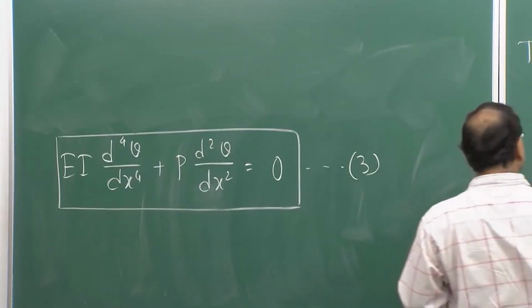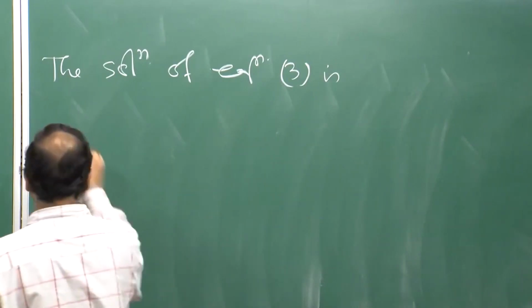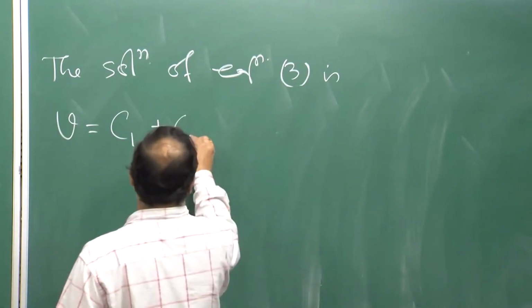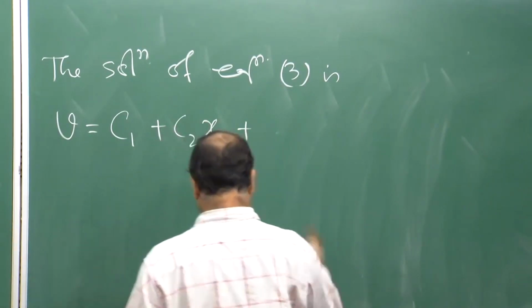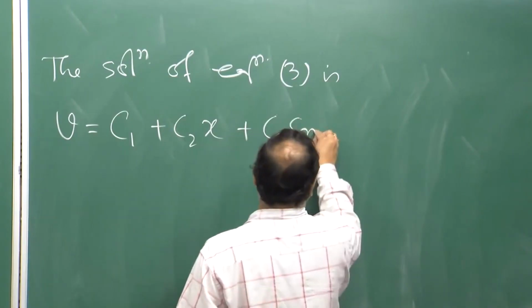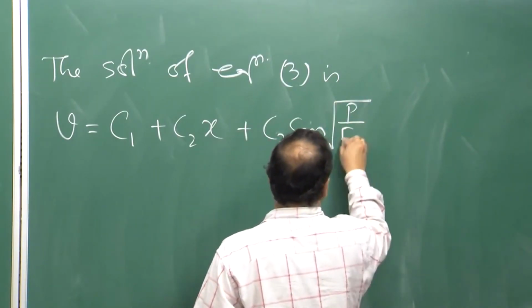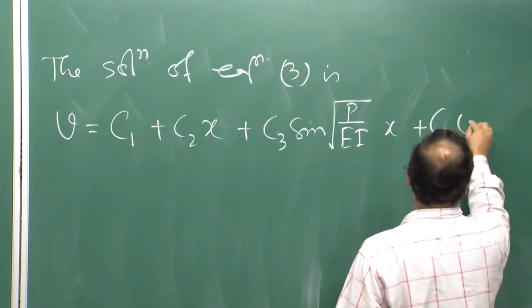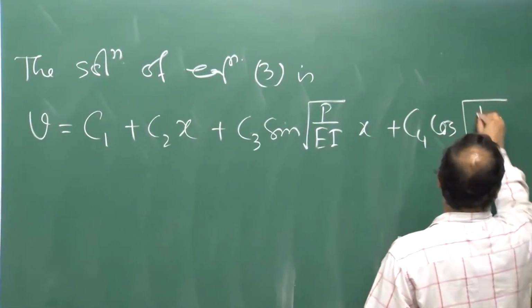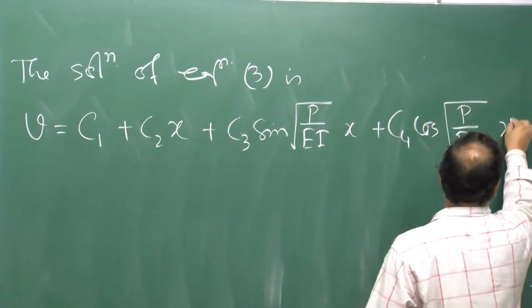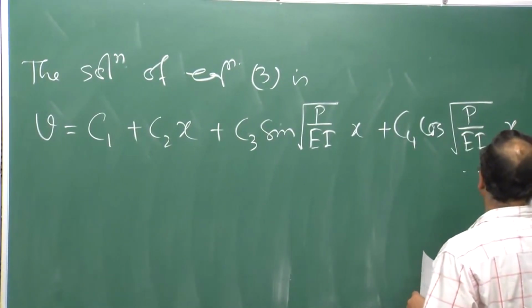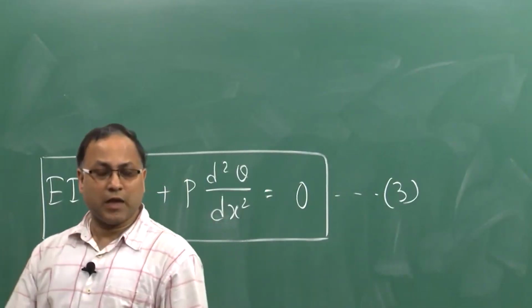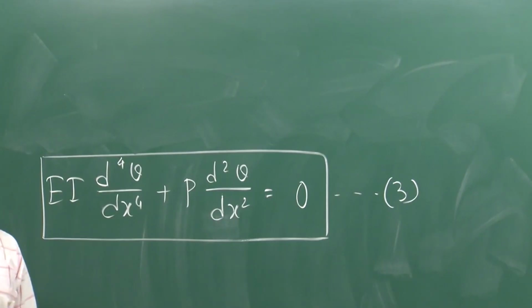You will get that the solution of equation 3 will be v equal to C1 plus C2 x plus C3 sine of root over P by EI into x plus C4 cos of root over P by EI into x. So, equation 4 is the solution of this differential equation. It has nothing to do with mechanics, this is purely coming from mathematics.